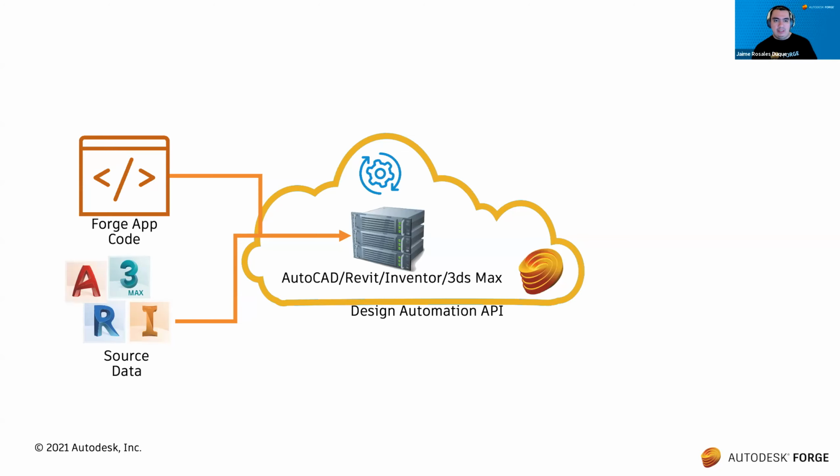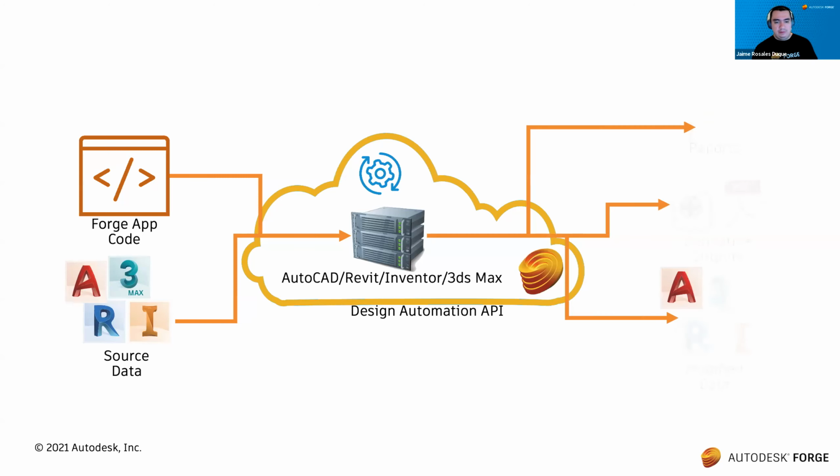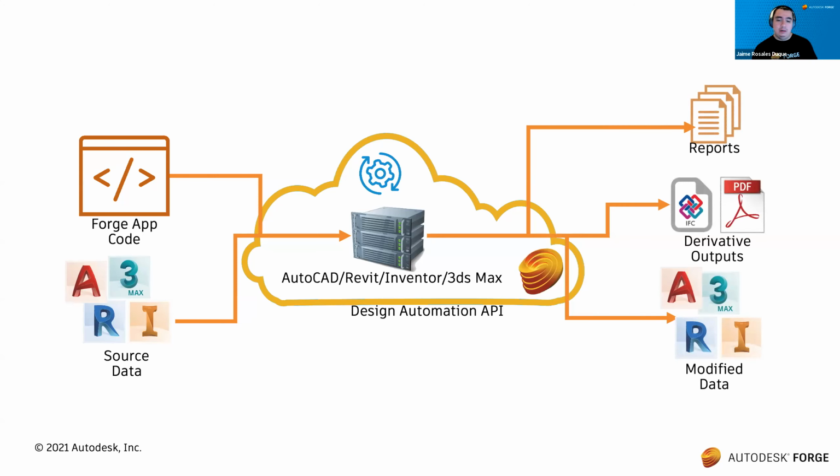Think about it as a batch operation that goes to a cloud server, where you have an input of your source data, and then an output of either modified data, derivative outputs, reports, and so on. So it can give you back what you are looking for, based on whatever fits your business.